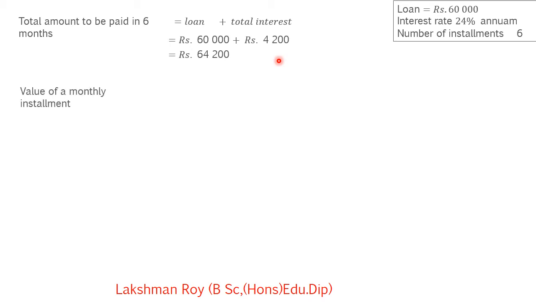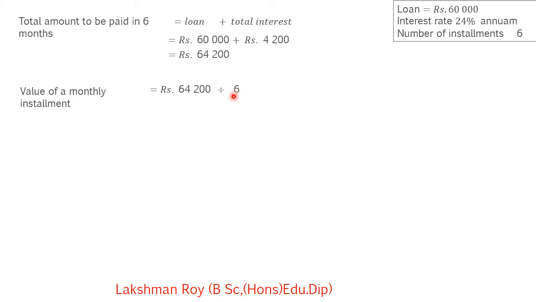Now we are going to find the value of a monthly installment, right? So in this, the 64,200 is the loan plus total interest, right? So how to find the value of a monthly installment? This total amount should be divided by the number of months.